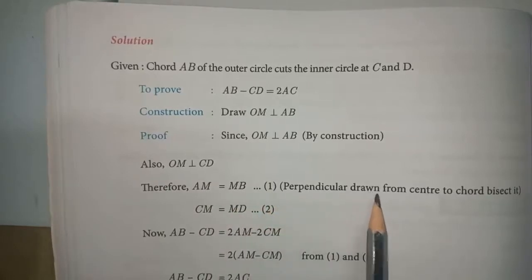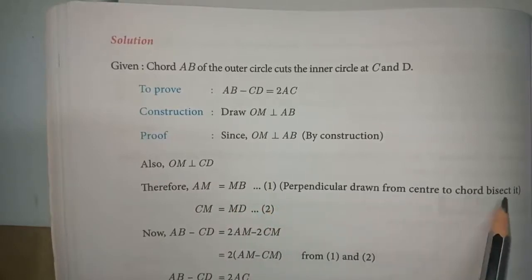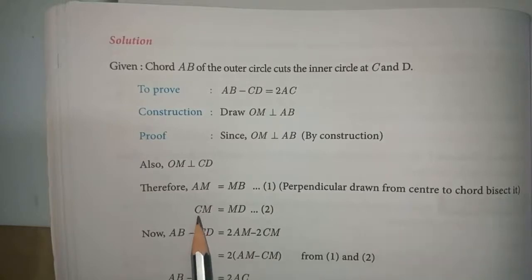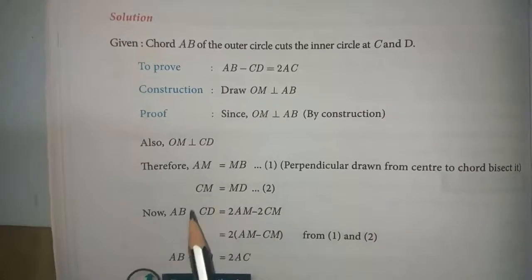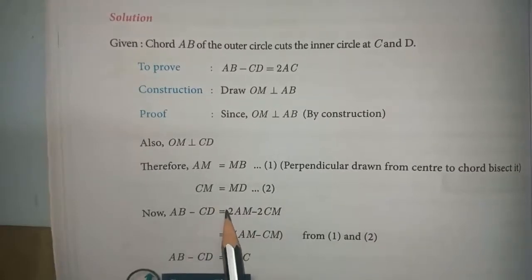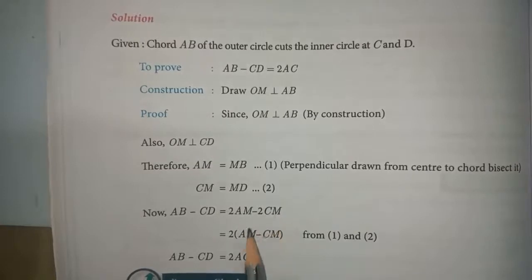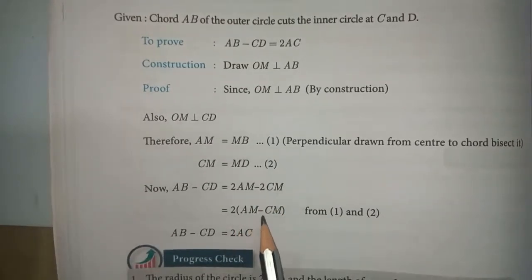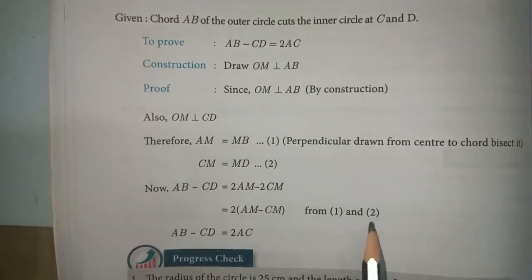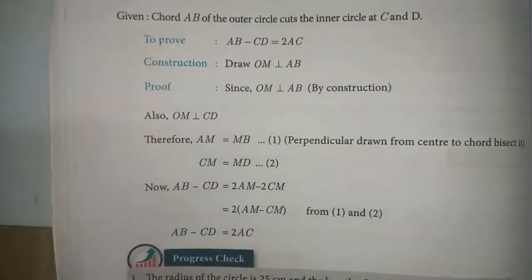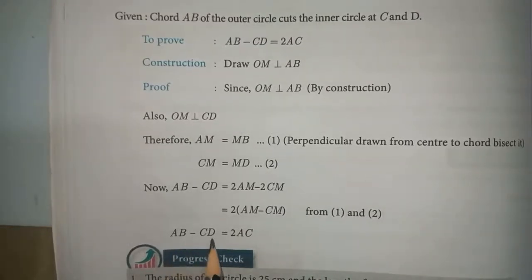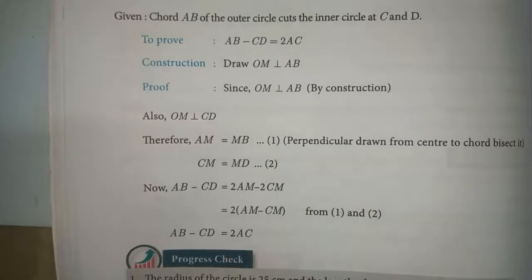So the perpendicular drawn from the center to the chord bisects it. Then CM is equal to MD, which is equation number 2. So AB minus CD is equal to 2 times AM minus 2 times CM, which is equal to 2 times AM minus CM, from equations 1 and 2. Therefore, AB minus CD is equal to 2 times AC. Hence, we proved the given problem.